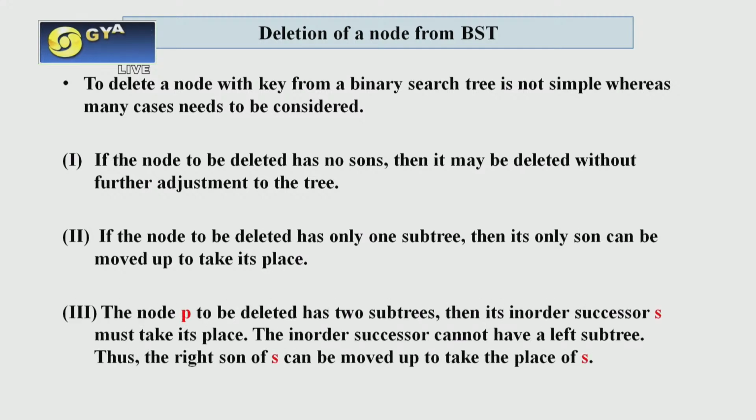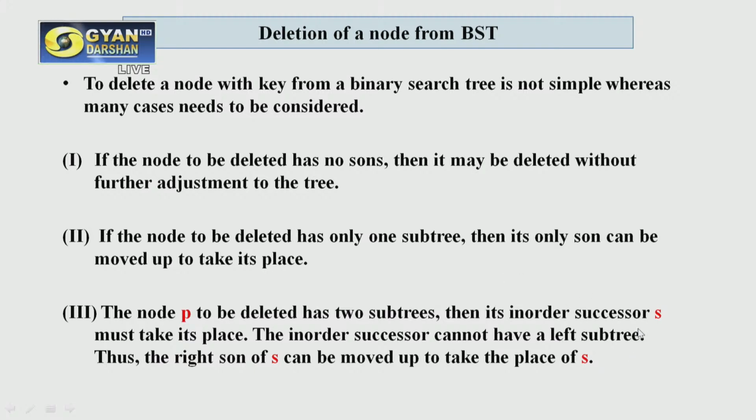And the third condition is that the node, say P, which is to be deleted has 2 subtrees, that is, it has a left subtree as well as a right subtree. So in this case, who will replace the node P to be deleted? There are 2 choices in fact.